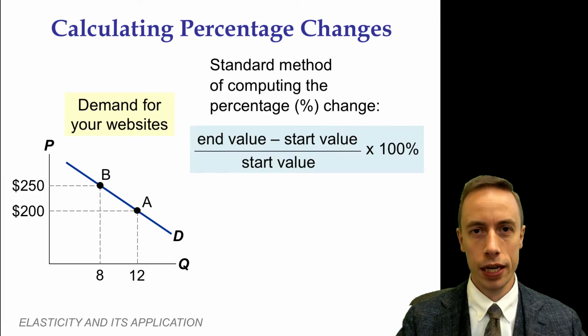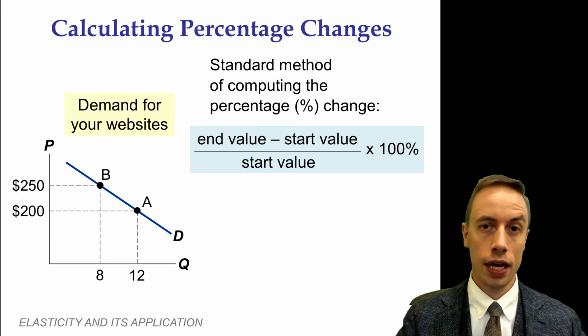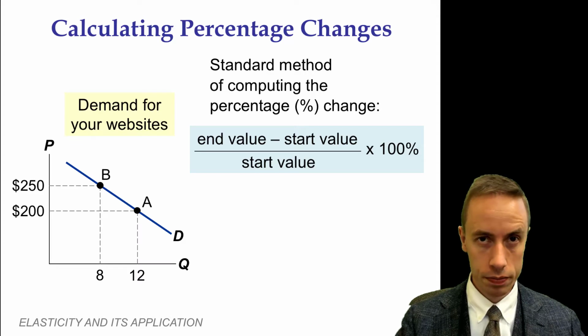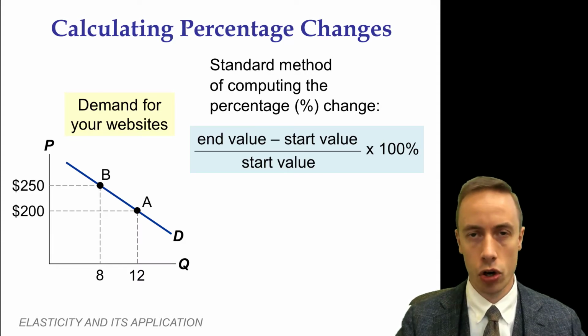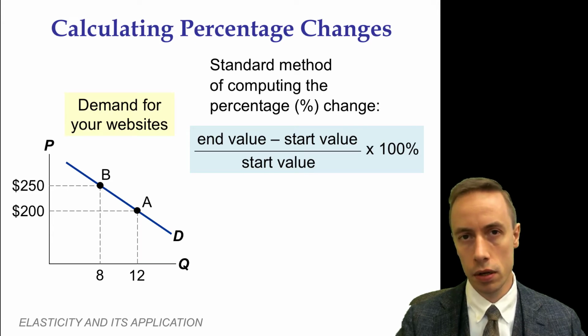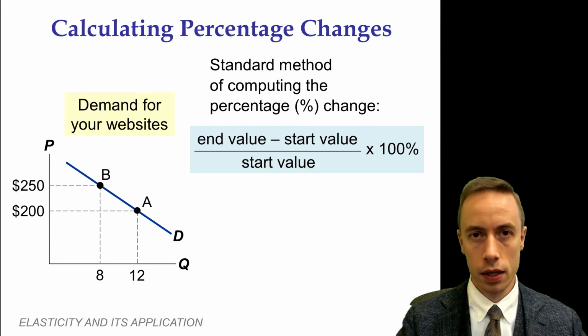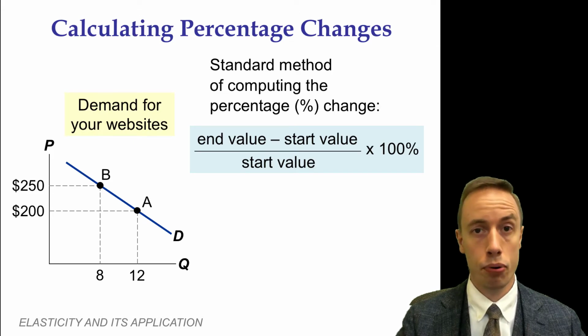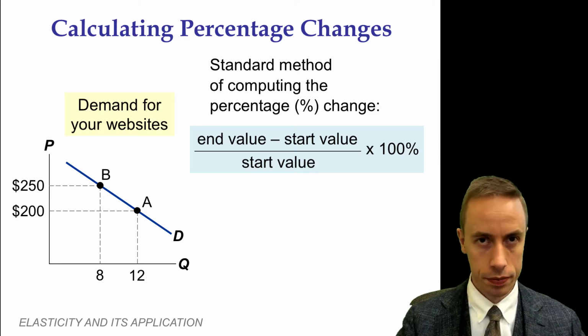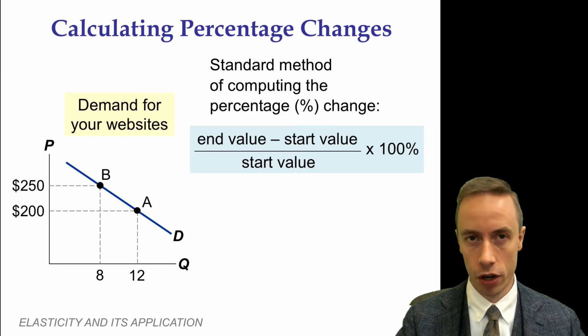You're probably thinking of the standard method for calculating a percentage change right now. Here it is for your reference. You take the difference between two numbers and divide it by the start value. And then, depending on how you were taught about converting to a percent, you might have been taught to multiply by the number 100%. So let's go ahead and apply that to the price of your website. The price is increasing from $200 to $250.